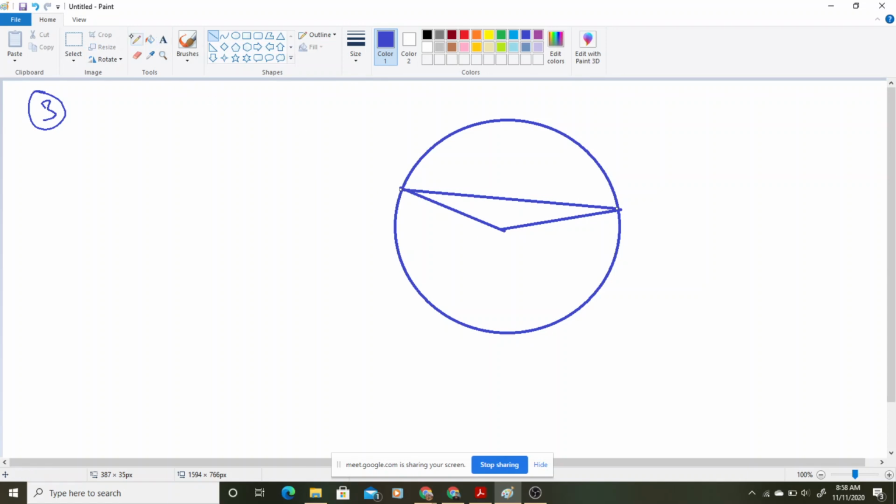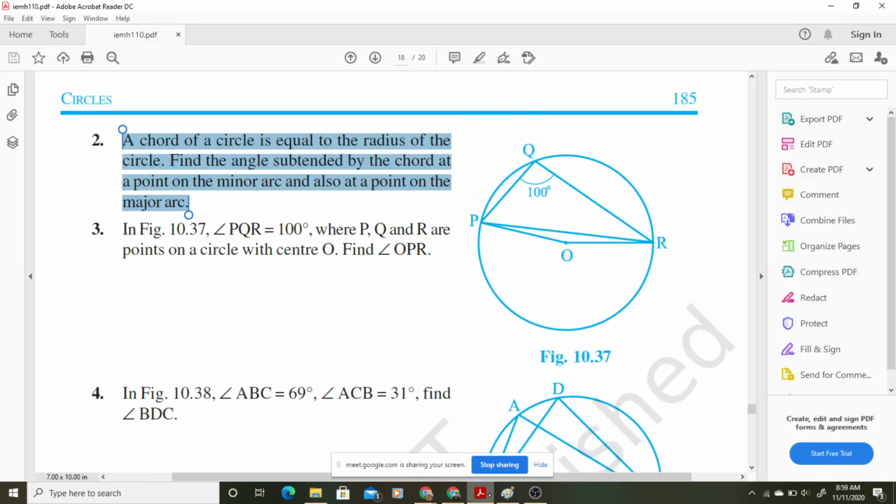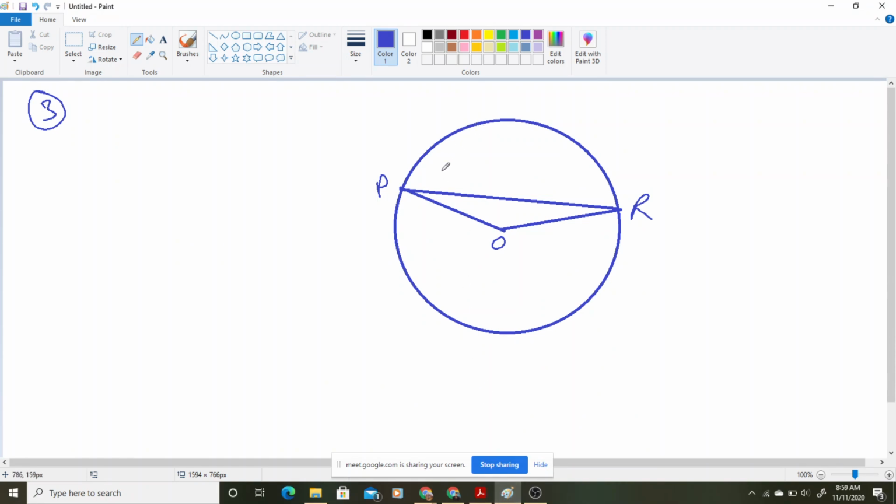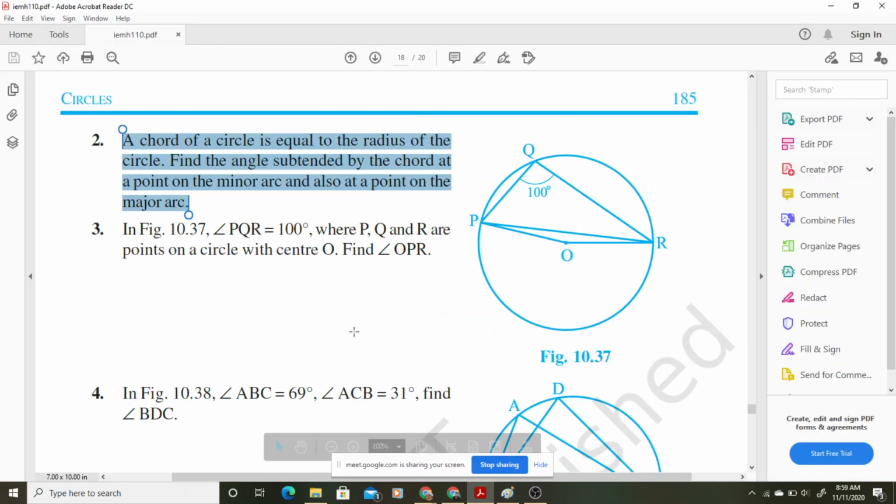So we will name these. This is P, this is O, this is R, and then Q is a point and it is joined. We will take a point Q, this one, and we will join it to P and R. This is point Q, and this angle is given to us as 100 degree, and we need to find angle OPR.